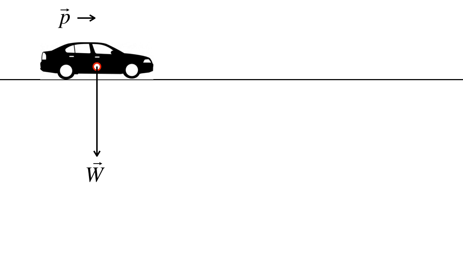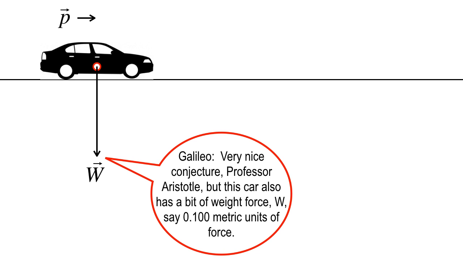And Galileo would say, all right, very nice conjecture, Professor Aristotle. This car also has a bit of weight force, and so let's say that this one's got about 0.1, a little bit more weight force than the push force that you're talking about. So Galileo might say, let's give it a good round number, 0.100 metric units of weight force.